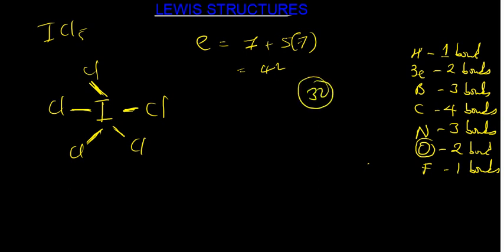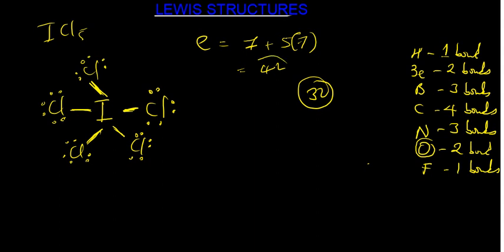Let's distribute those 32. Each chlorine needs 6 more. So from the 32 we go 11, 12, 13, up to 40.